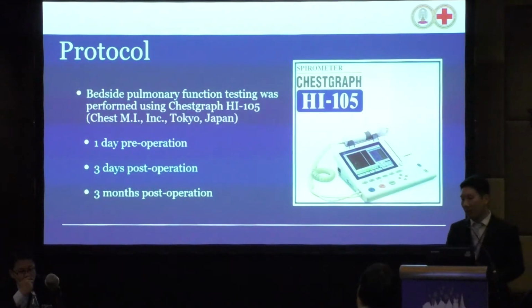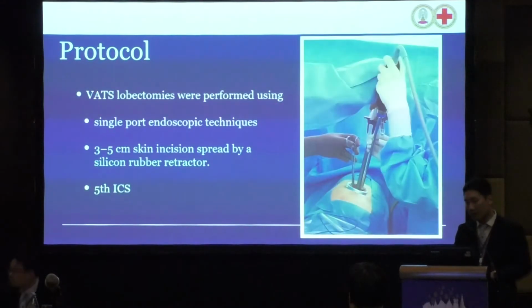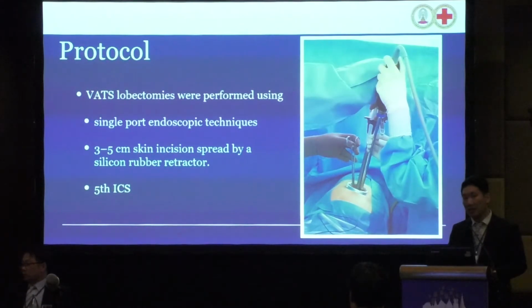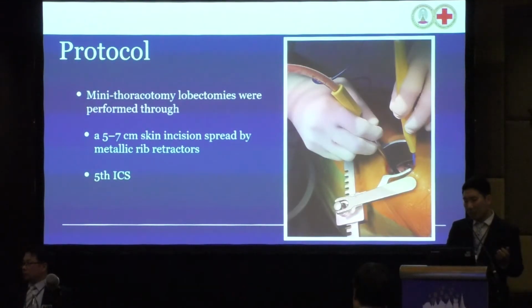Bedside pulmonary function test was performed using a Chest Spirometer HI-105, 1 day pre-operative, 3 days post-operative, and 3 months post-operative. VATS lobectomy was performed using a single-port endoscopic technique with a 3 to 5 centimeter skin incision at the 5th intercostal space, spread by a silicone rubber retractor.